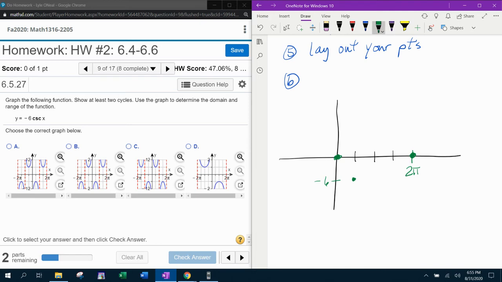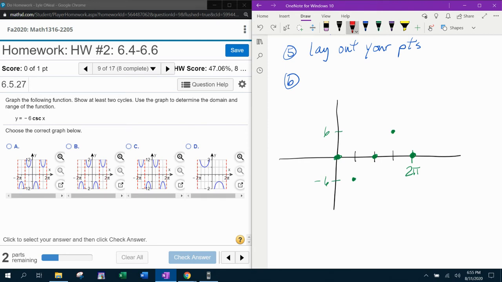And then we just need to continue to lay out our points. So we're going to make this bottom curve and come back up. And then we need to make the top portion of the curve and come back down. And then normally this is where you would connect the dots and make your sine wave. But this was cosecant, so that's not actually what we're going to do.